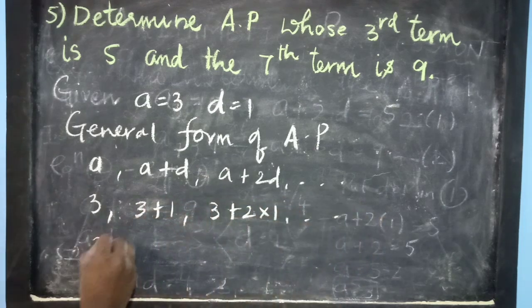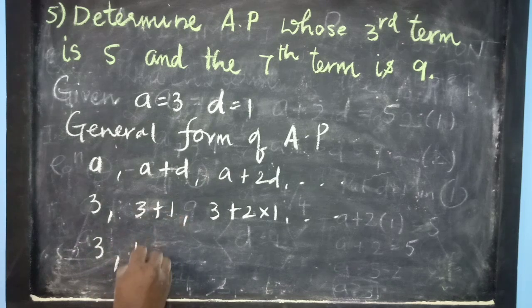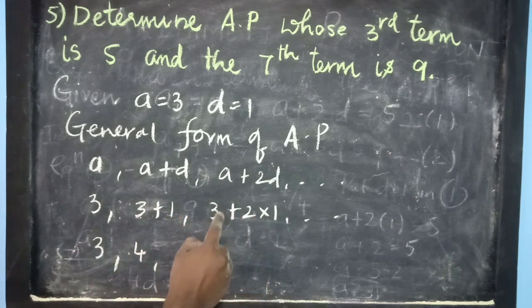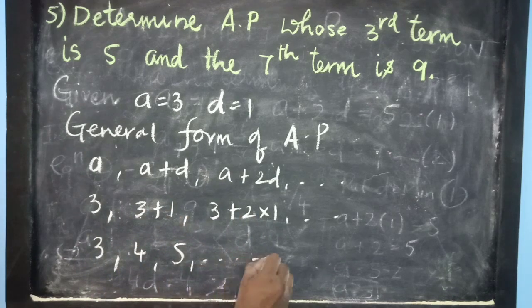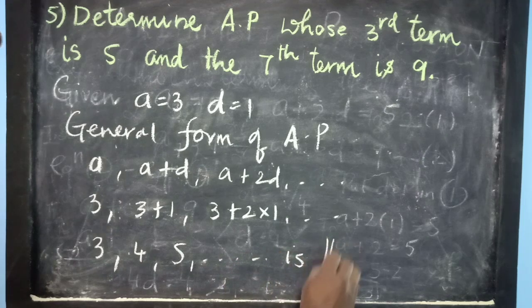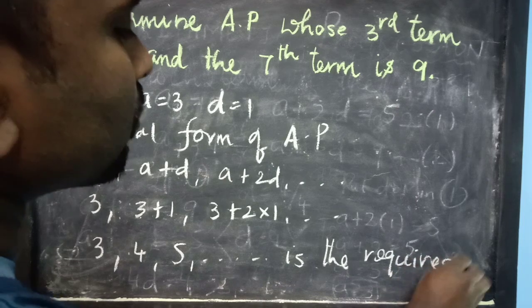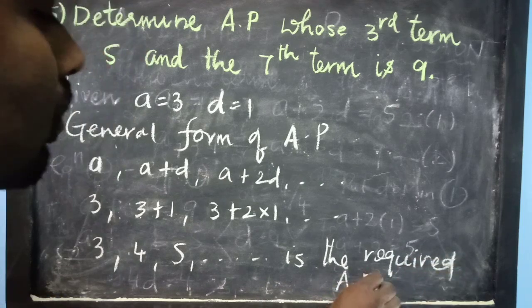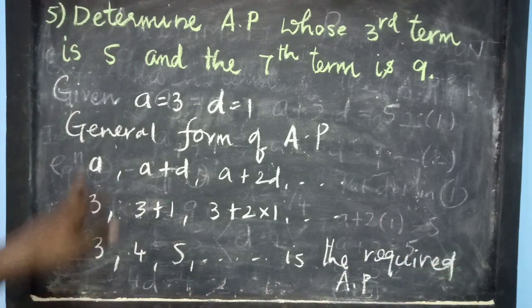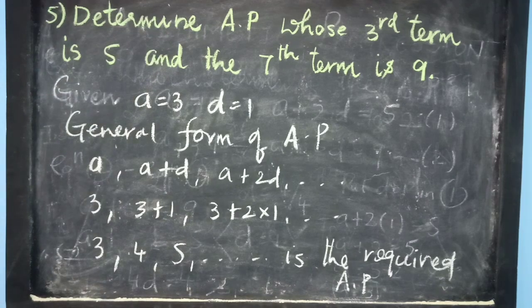The list goes on. 3, 3 plus 1 is 4, then 2 ones are 2, 2 plus 3 is 5, and so on, is the required AP. This is how you find out the AP when two terms are given.